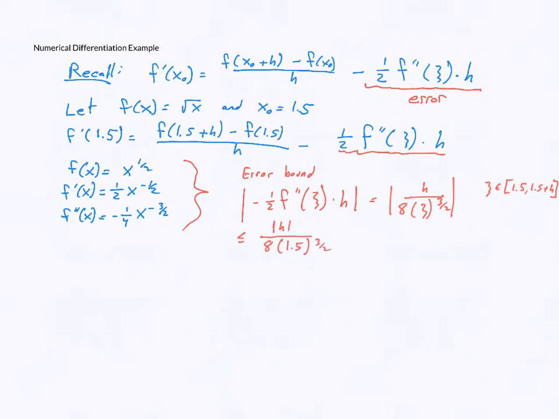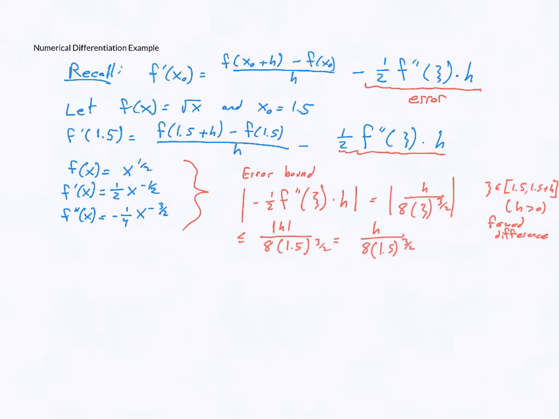And I'm assuming h is positive, so that I have the forward difference. Since h is positive, I can just write h divided by 8 times 1.5 to the 3 halves.